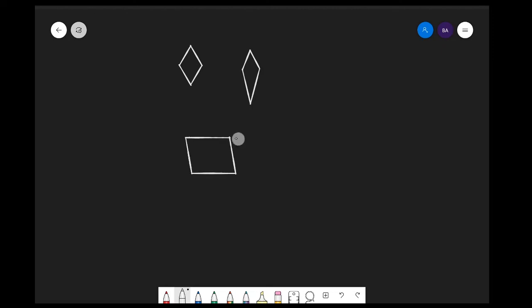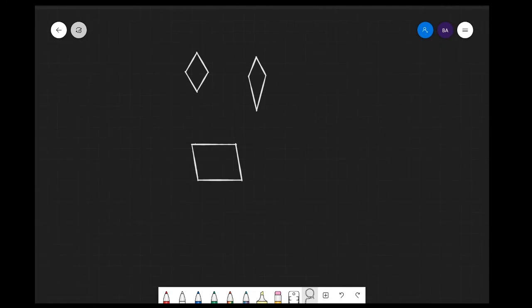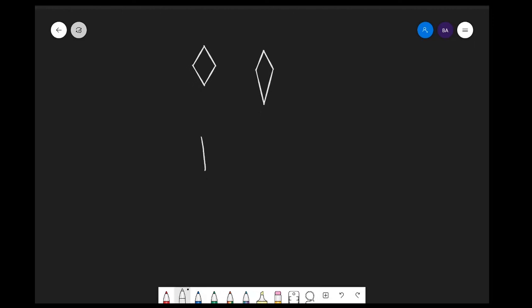Oop. My program's correcting it for me there. Hang on one second. Let's get rid of that. I'm going to try to make it so it doesn't correct it for me. Oh.